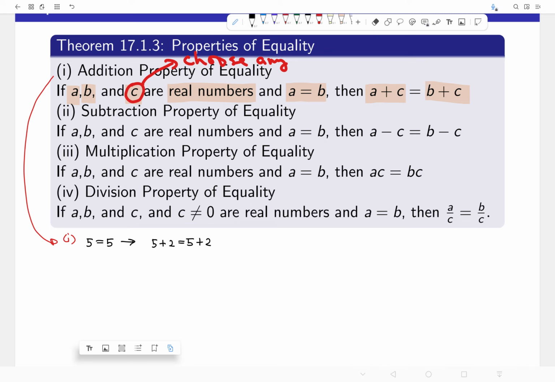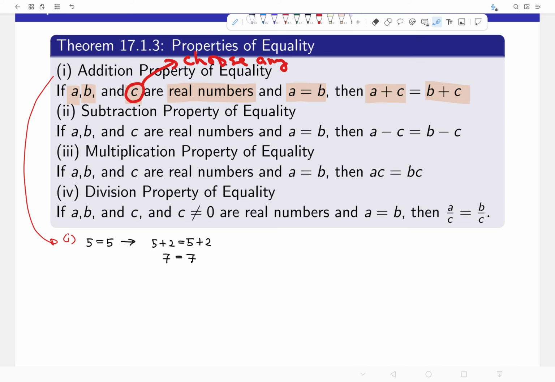Because this one becomes 7, this one becomes 7, and the right side will also be equal to 7. So if you add any number to both sides of the equation, you'll get the same answer.